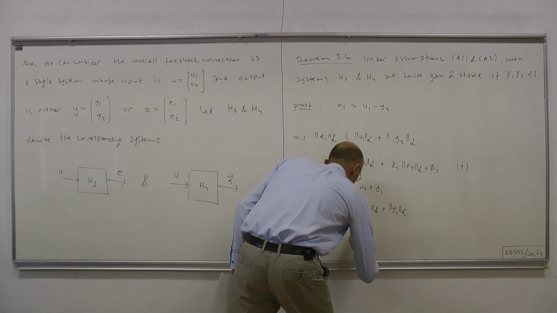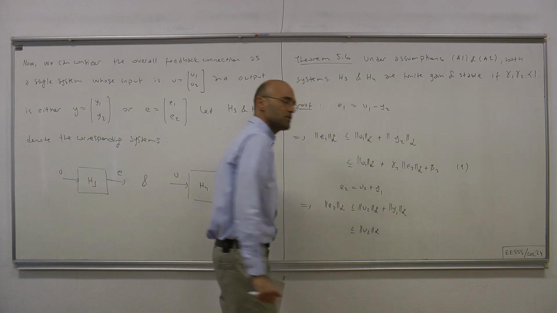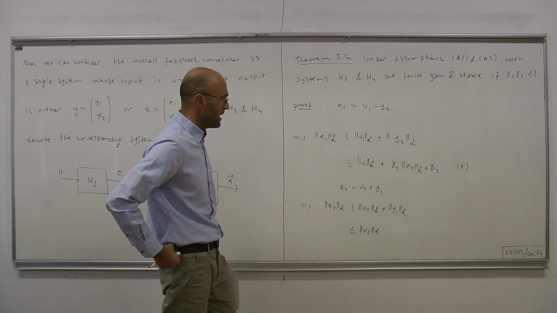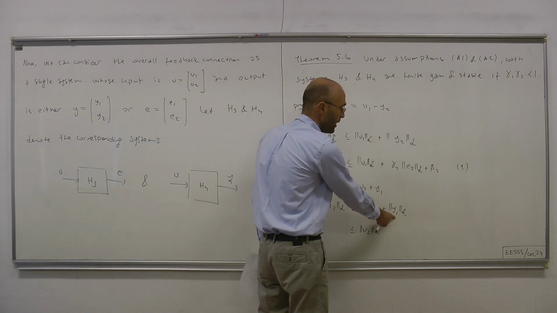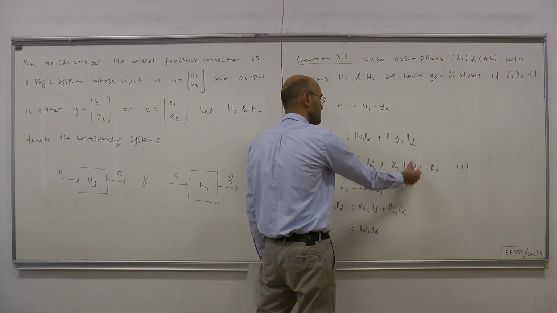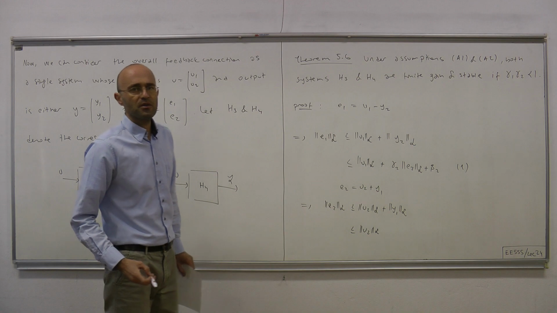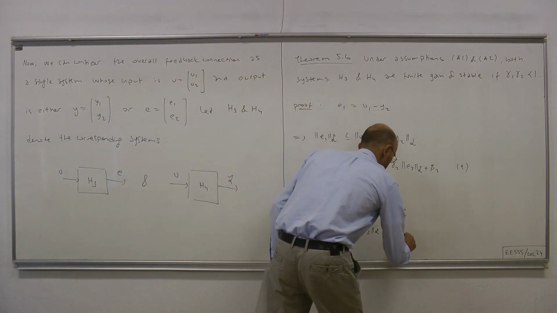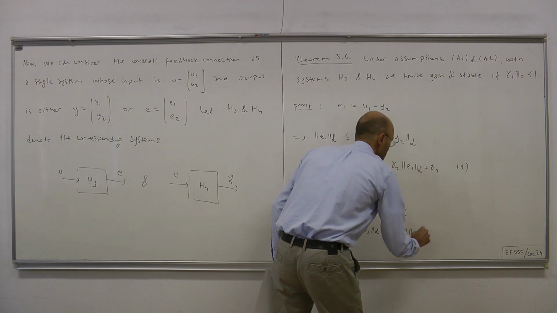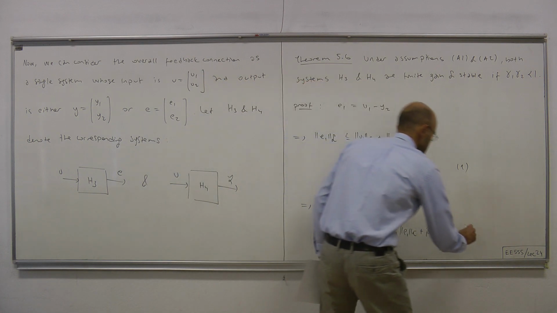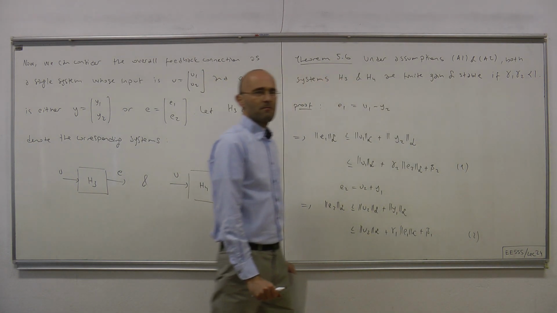And then that's less than or equal to the L norm of U2, and then, since the first subsystem is finite gain L-stable with gain gamma 1, this term we can upper bound by gamma 1 times the input to the first subsystem, which is E1, plus the term that represents the initial conditions. Gamma 1 times the L norm of E1, plus the constant, which we're calling beta 1. That's our second inequality.